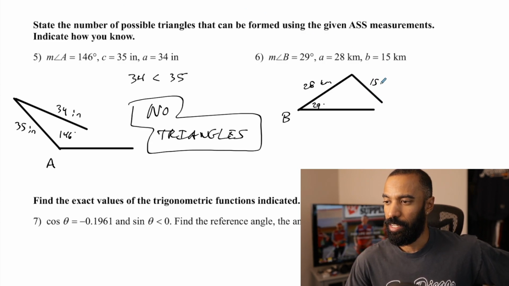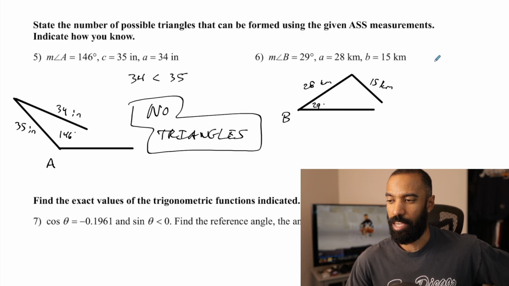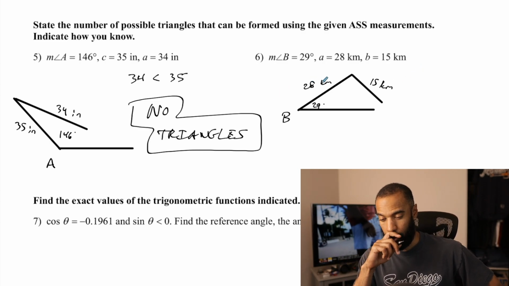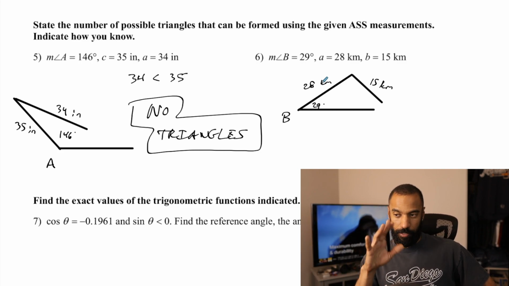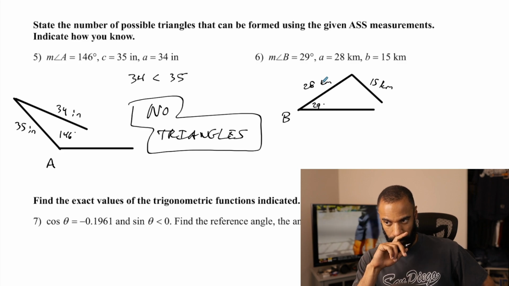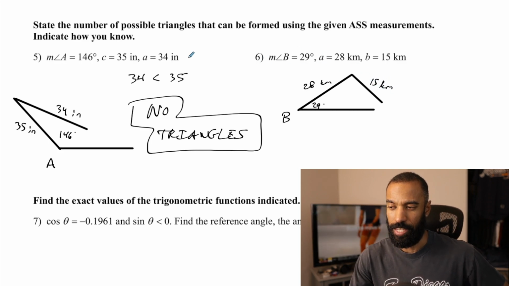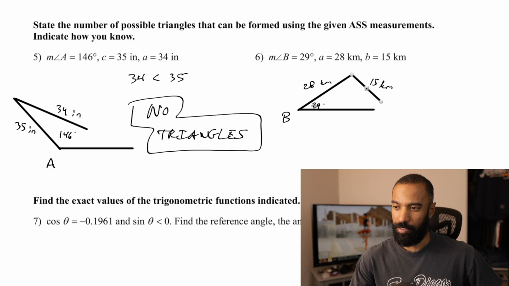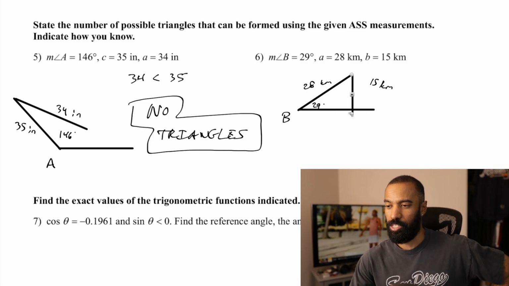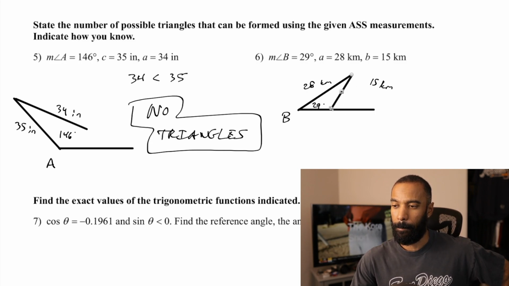Now B is significantly less than 28. If it was more than or equal to 28, it would definitely join up and connect and make one triangle, a single triangle. This is less than 28, so maybe it's not even enough, given this angle and this side length, to go back and reach here. But if it is, it might be twice the ability to hit right here or right here, right?